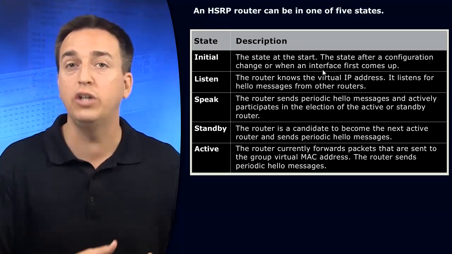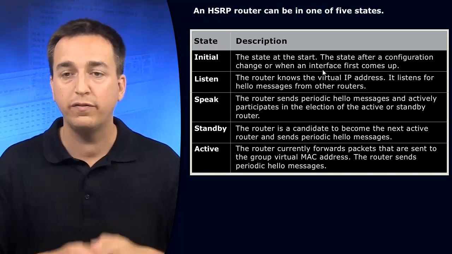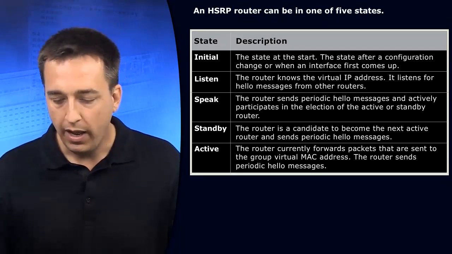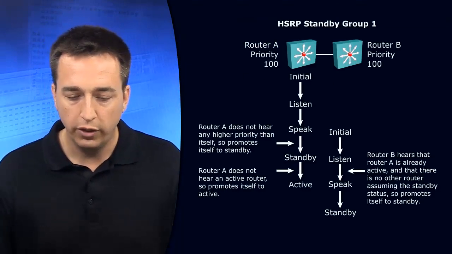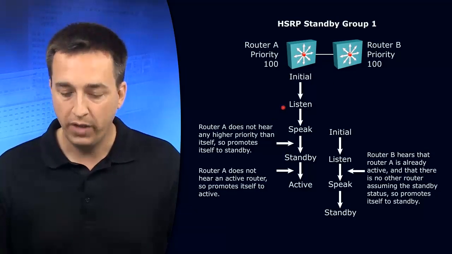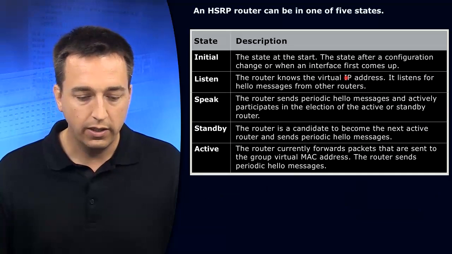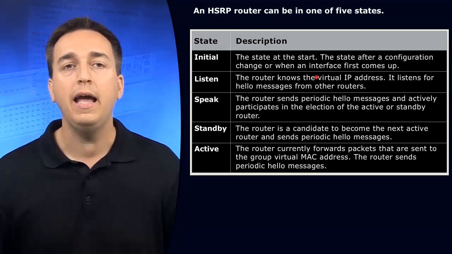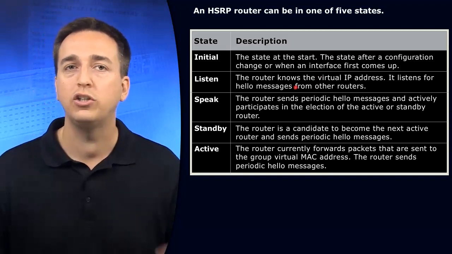Let's say the interface is shut down, or you just plug the cable into the interface and HSRP is configured, you are in the initial state. And then after that, you move to the listen state. When you are in the listen state, you know the virtual IP address because you've been configured with it, and you are listening for hello messages from other routers.